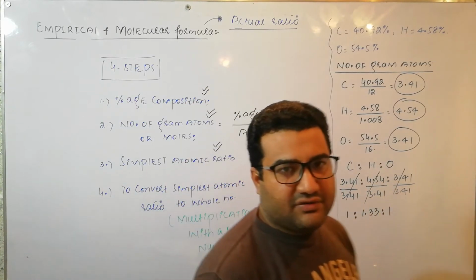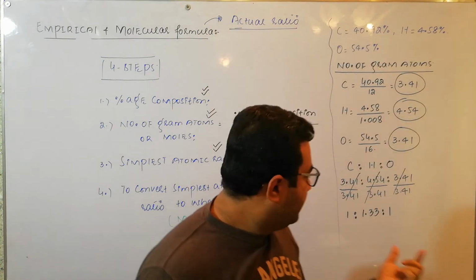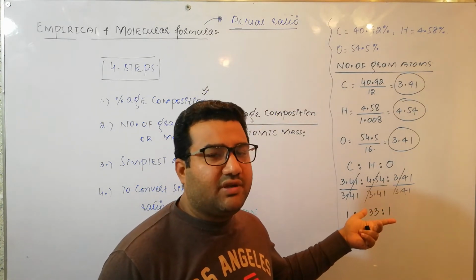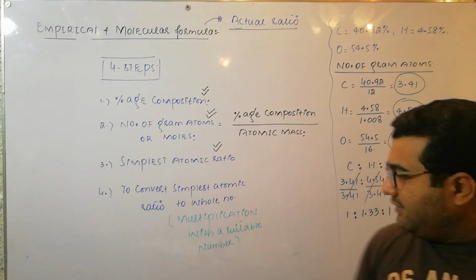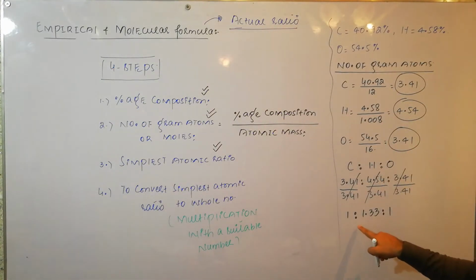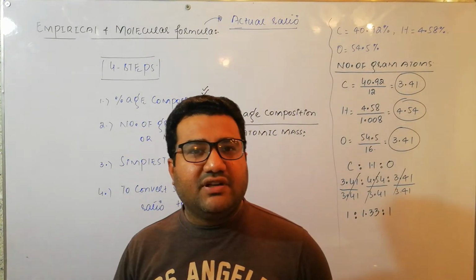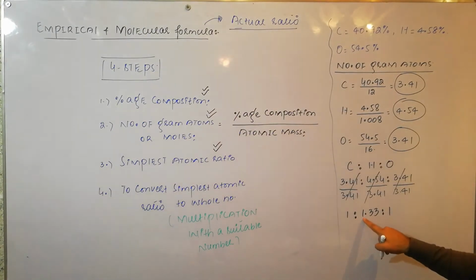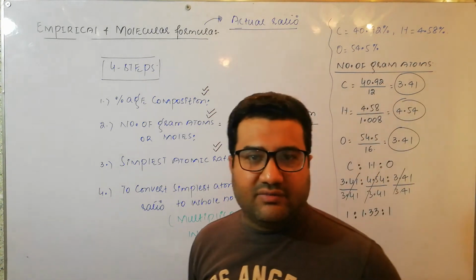Now the third step is over, but you can see that the simplest atomic ratio is in fractions, it is not in the whole number. So we will have to convert it to the whole number by multiplying with the suitable smallest number. If we multiply this ratio with 1, there will be no difference. If we multiply this 1:1.33:1 with 2, it will become 2:2.66:2, but it will again remain 2.66 and it will be fractional again, so 2 is not the suitable number.